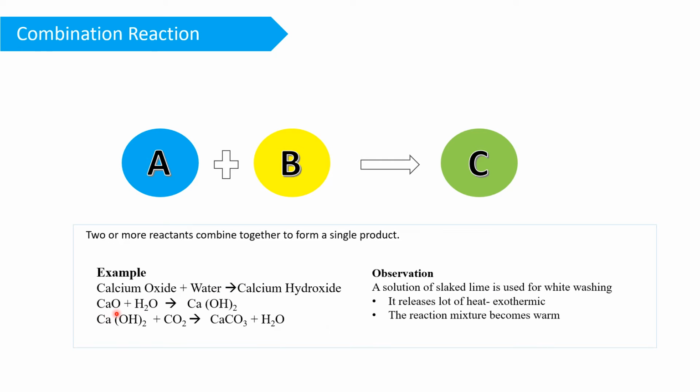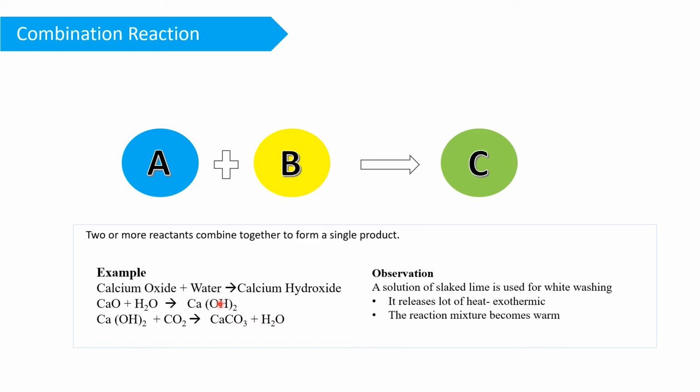When calcium oxide reacts with water, it forms calcium hydroxide. Calcium hydroxide, the common name is slaked lime. To this lime water, that is the calcium hydroxide solution, if you pass carbon dioxide, it will form calcium carbonate. You may ask me where it is applicable. This solution is used in whitewashing the wall.